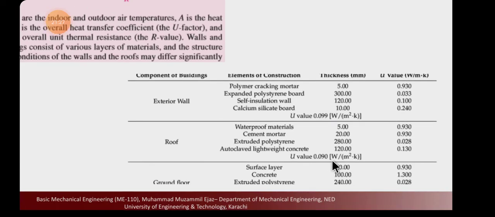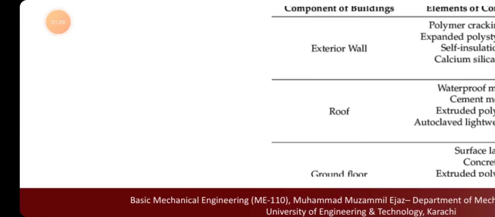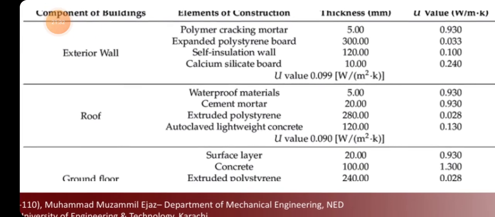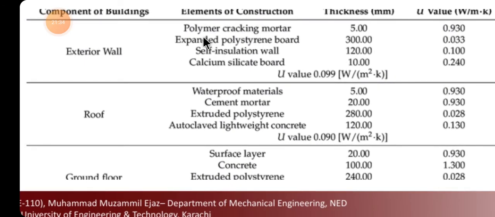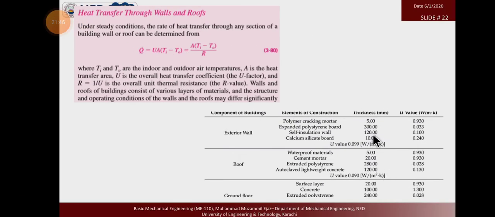I've shown some U factor values of construction materials, like the exterior wall polymer cracking mortar: at 5 millimeter thickness the U value is 0.930, then expanded polystyrene board, calcium silicate, etc. All these values are experimentally determined by similar formulas and available online, so you can easily calculate the heat transfer.